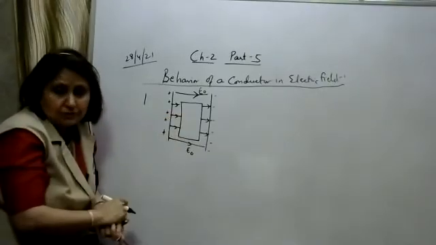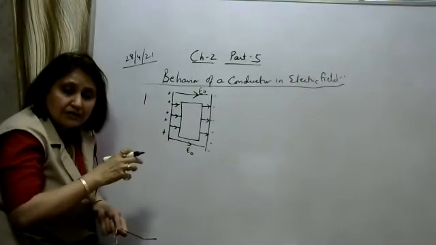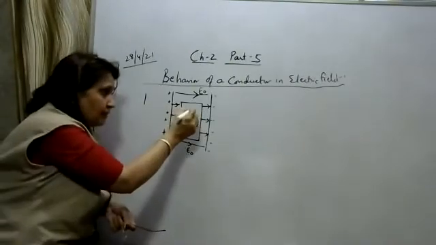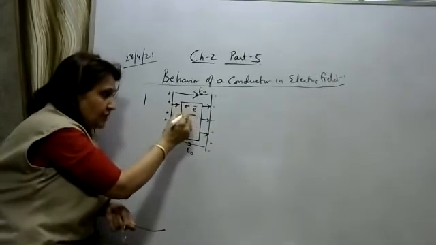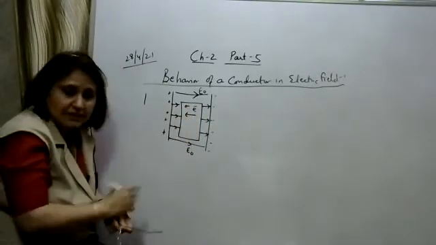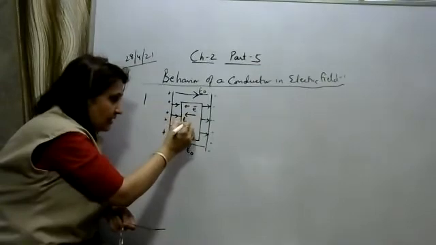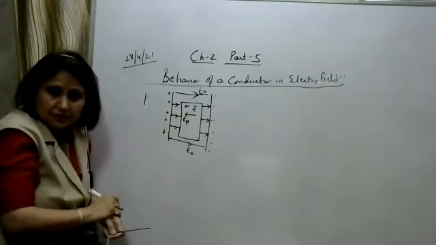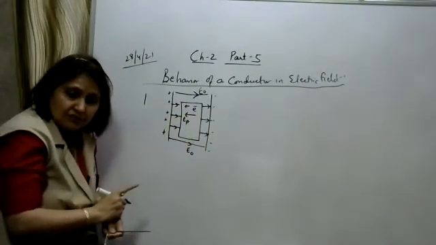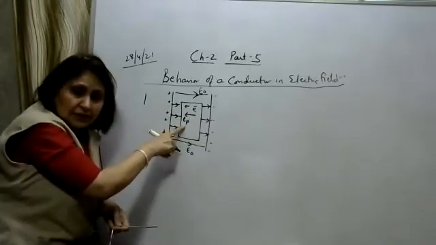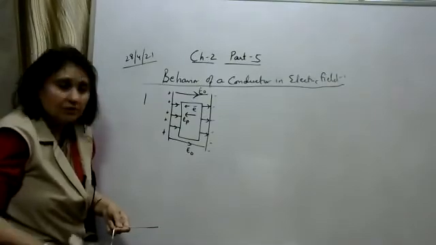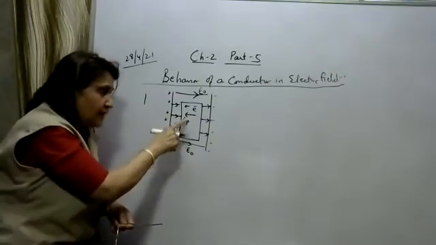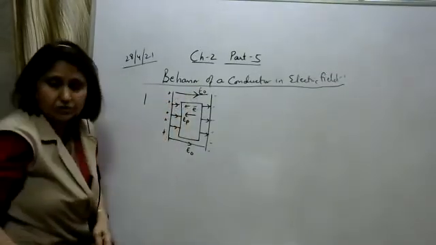Due to this motion, some electric field is created inside. The electrons are moving in the opposite direction, due to which an electric field is created inside the conductor. Let it be EP. These electrons will move until EP becomes equal to E naught.